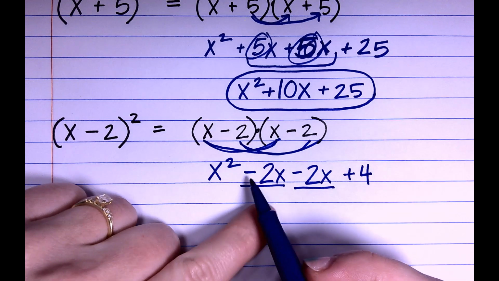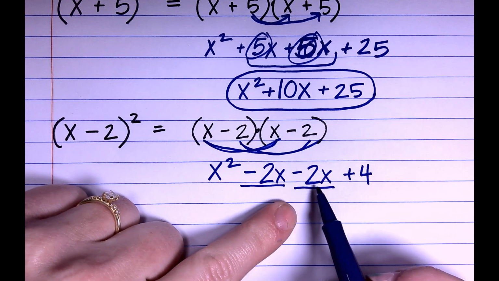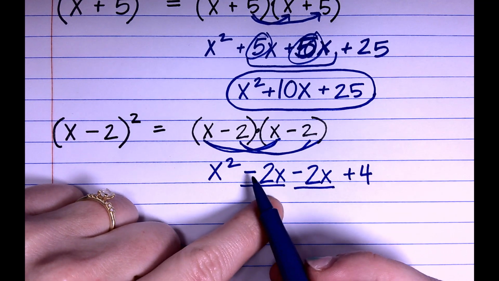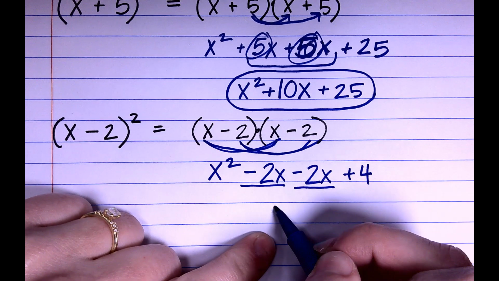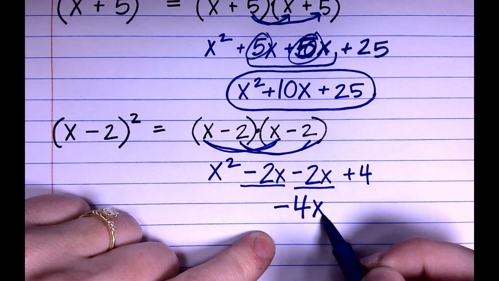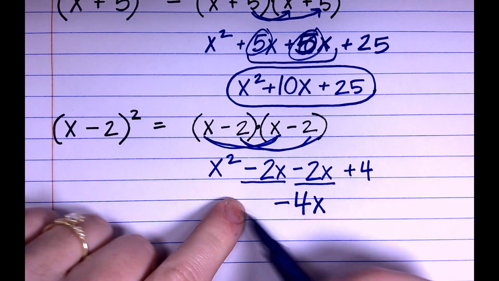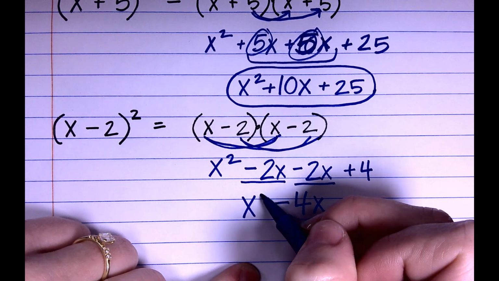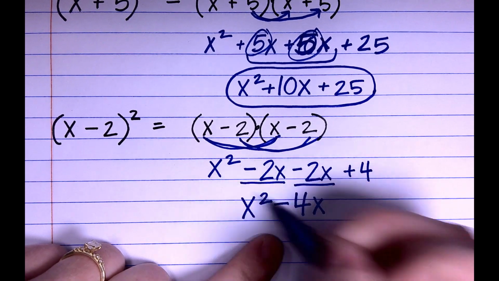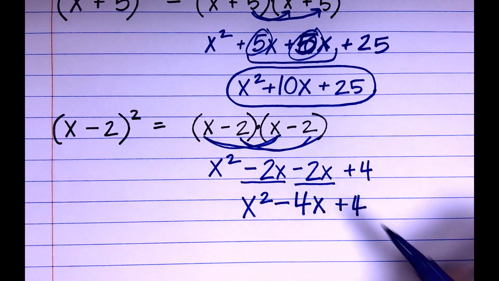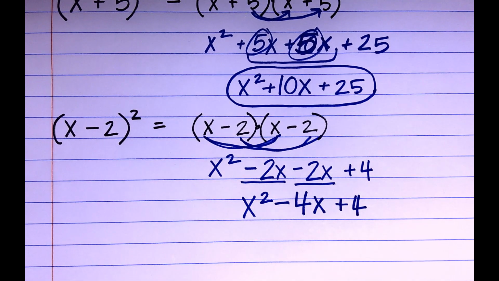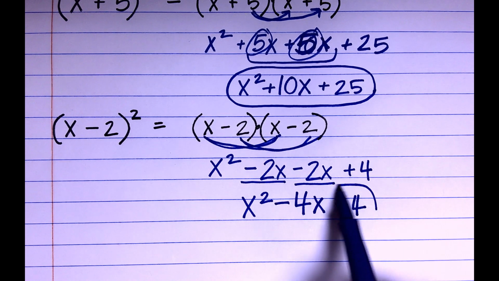Remember, if I have negative 2 minus 2, or you could think of this as negative 2 plus negative 2, we're just going to get a bigger negative. Negative 4x. And then I bring the rest down. X squared minus 4x plus 4. Nice. That's our answer.